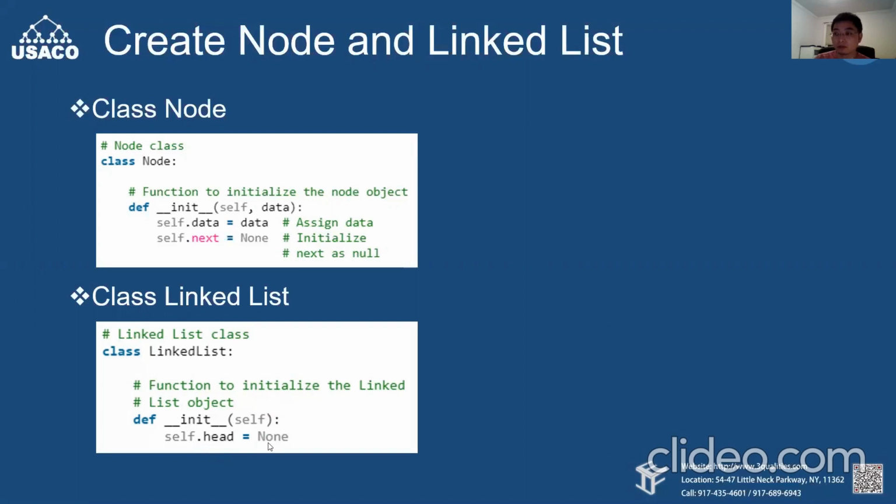Right now it's None, right? But ideally it should be pointing to the first node. So this class actually creates an empty linked list. Once you add the first node into the list, the head will be updated to the first node.